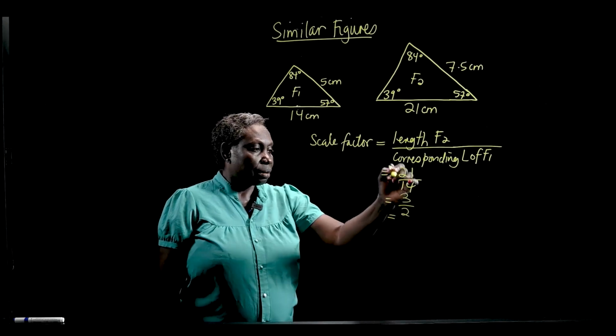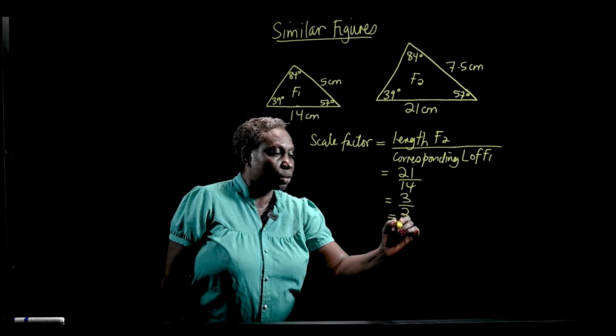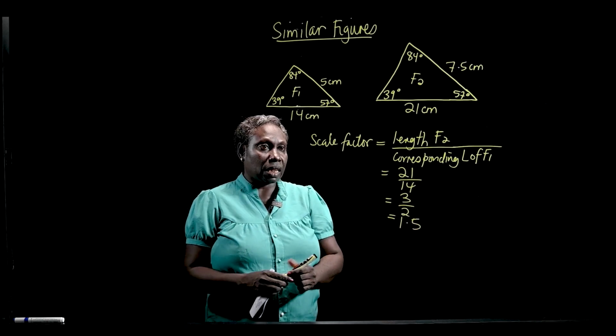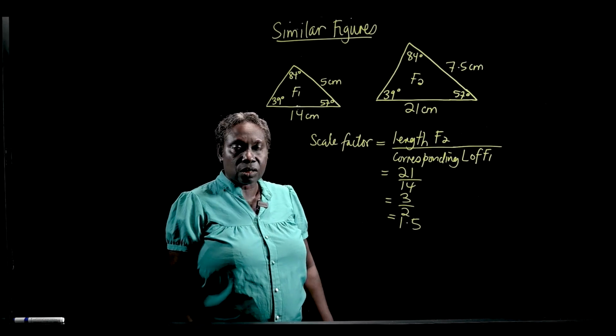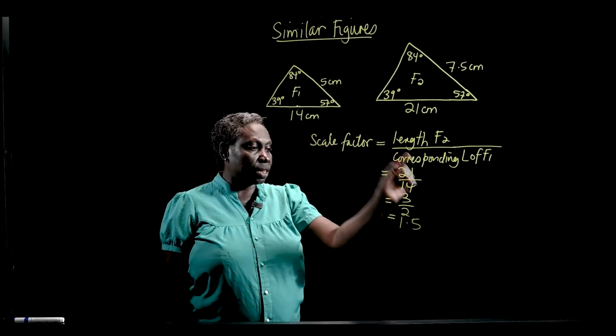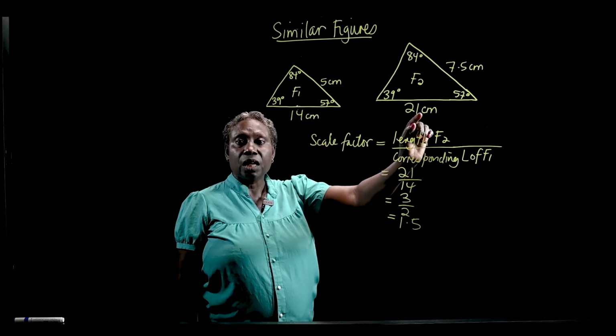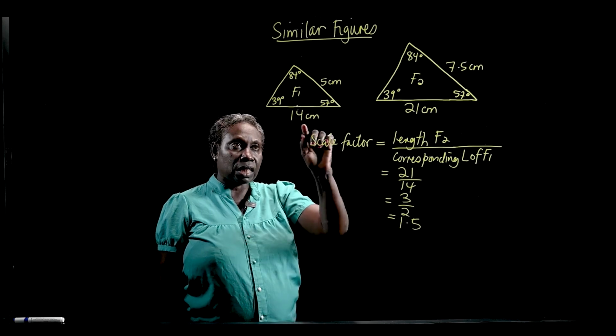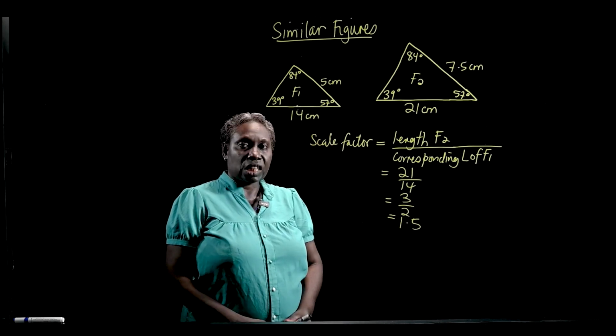If we change it to a decimal, it is equal to 1.5. So the scale factor of these two similar triangles is 1.5. If I multiply 14 by 1.5, it gives me 21. If I divide 21 by 1.5, it gives me 14.